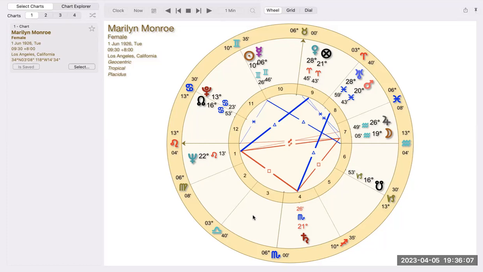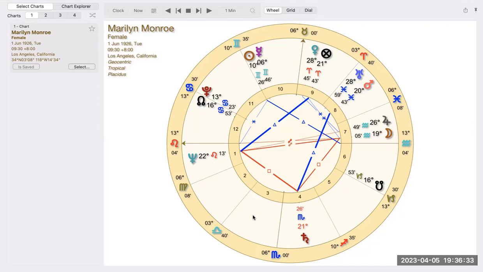With Saturn in the 4th house, that does give you that kind of dark father energy, dark, parental, male domination thing. So I think it's a safe assumption to say that she had a difficult relationship with her dad.